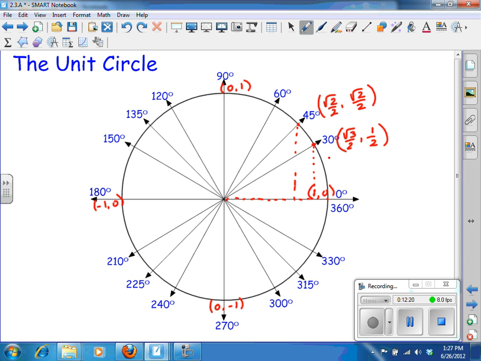So the cosine of 45 degrees is √2/2, and the sine of 45 degrees is √2/2. And at 60 degrees, the short side would be 1/2, and the long leg would be √3/2. And I can keep going around this circle and put all the coordinates down. All these angles have either a 60-degree, 45-degree, or 30-degree reference angle. And there you go. That is the fantastic unit circle that you'll know and love.